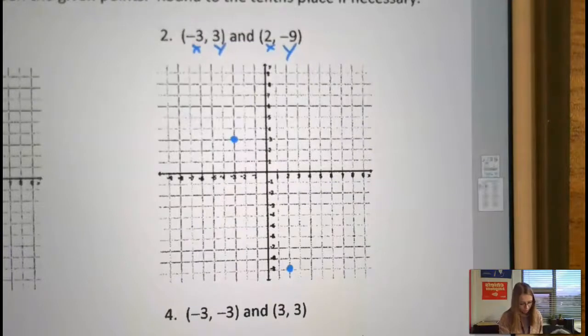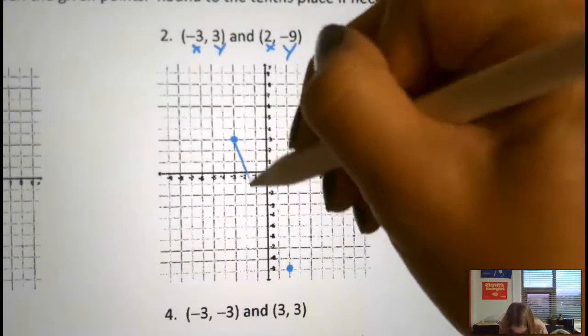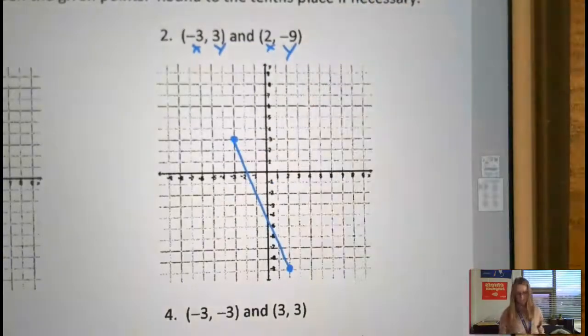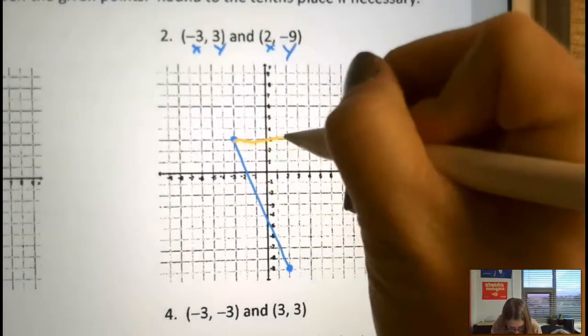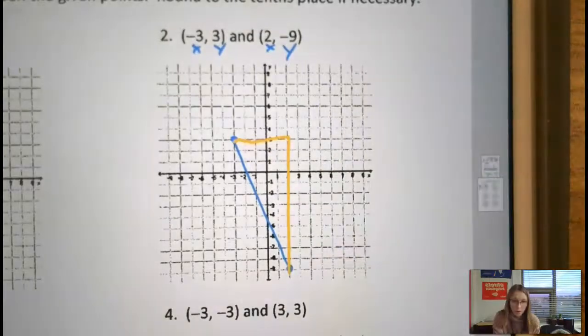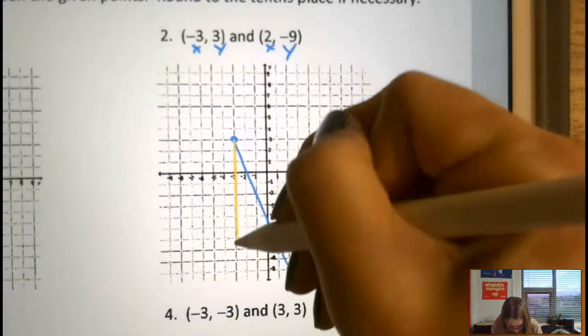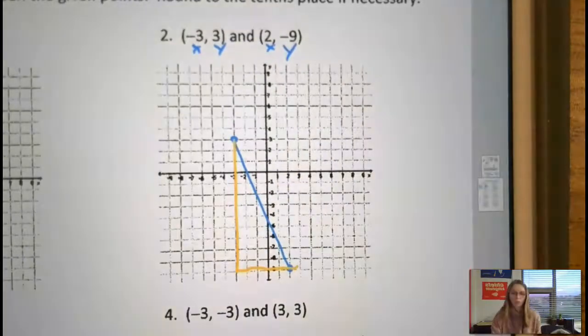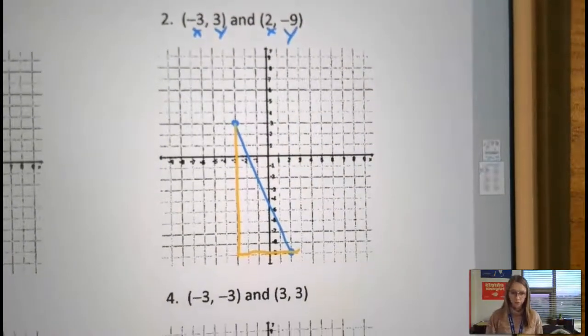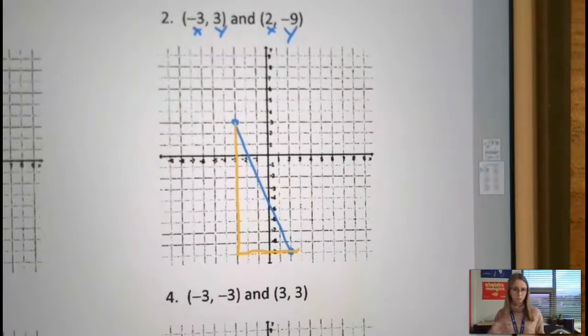Alright, so now we just need to make that diagonal there, and in this situation, it doesn't matter how you draw your triangle, because you could make the legs go that way, or you could have the legs drop down this way. You will get the same answer either way, so don't worry about, oh no, am I drawing my triangle the correct direction?